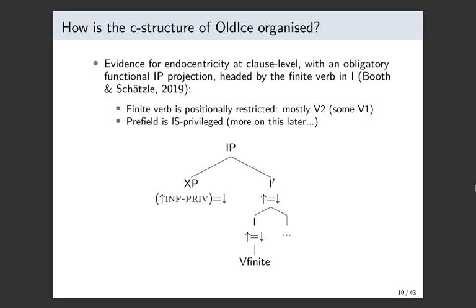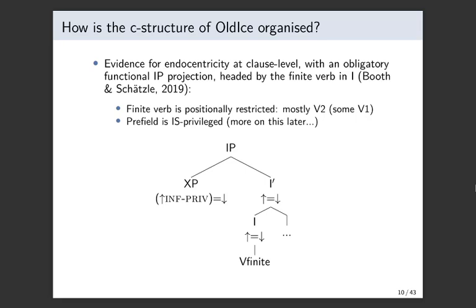And the motivation for this endocentricity is this second position phenomenon, namely that you've got a finite verb which is positionally restricted. We have mostly verb second in Old Icelandic and some verb first. But we analyse verb first in terms of this IP structure.